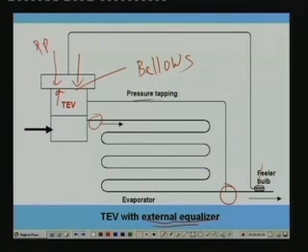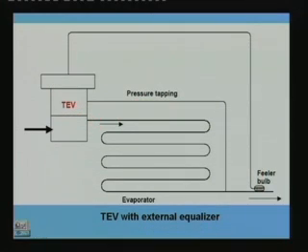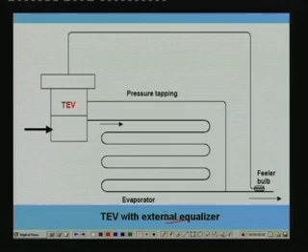That means you take a pressure tapping at the outlet of the evaporator, and that pressure acts below the bellows. This is called the TEV with external equalizer. In a normal evaporator, this partition will not be there, so the pressure acting here will be the inlet pressure itself, P inlet. But when there is a large pressure drop, we modify this and go for this kind of external tapping, so that the pressure opposing this one will be PE minus delta P, not PE.